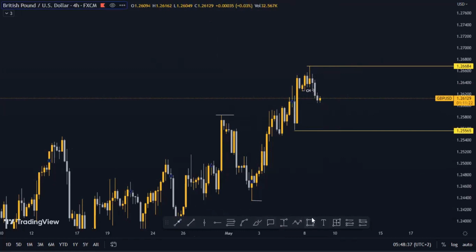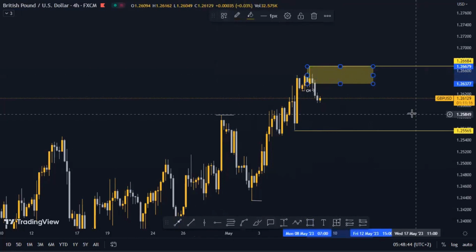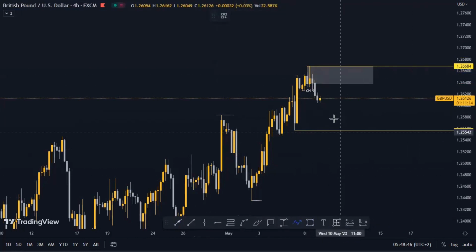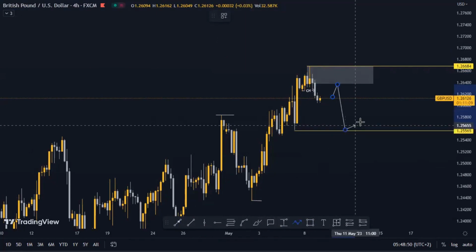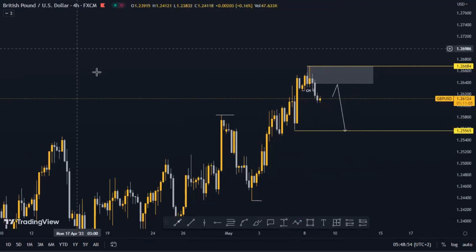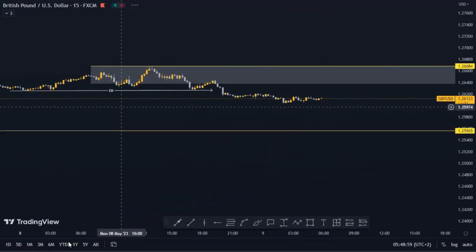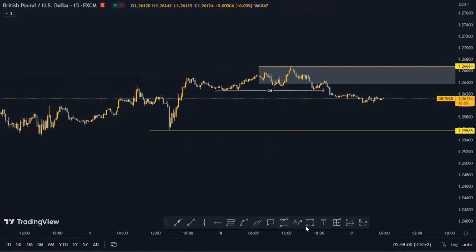So personally, I'm anticipating a reaction in this supply area, probably pound dollar pushing to the upside and then down like that, because it's also correlated with pound yen. So let us see.